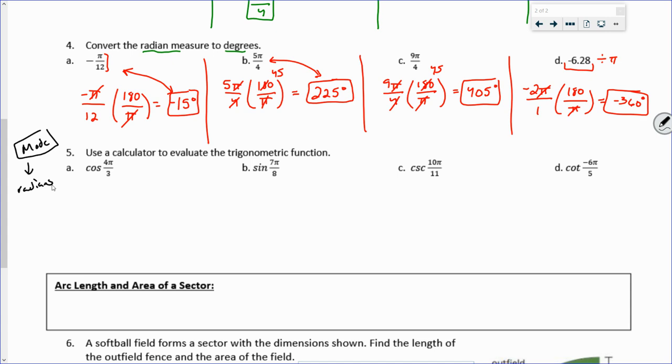So these first two I can just type in cosine, fraction, 4 pi over 3, and I'll get -0.5. So again, it's just making sure you can type these in correctly. So please try it. Be in a world of hurt if we can't make a calculator bend to our will.